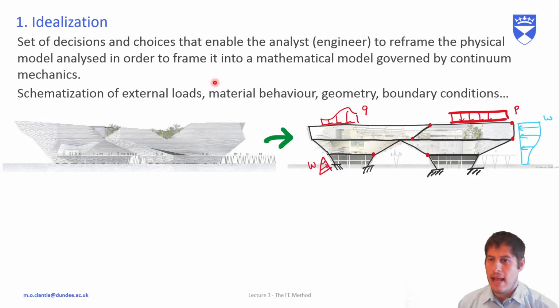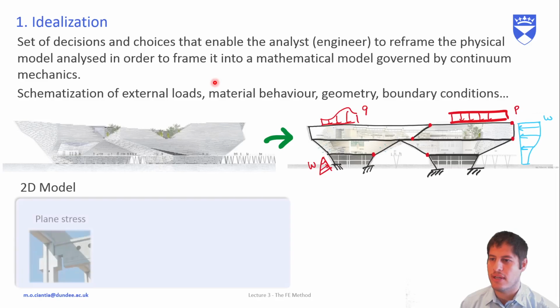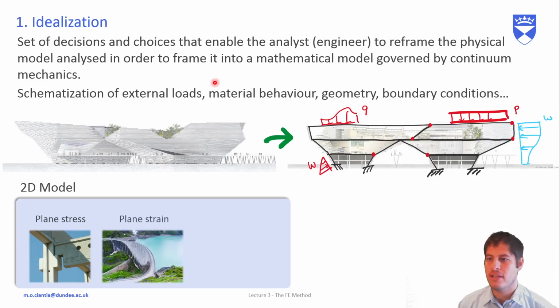As engineers and analysts, we first try to look for 2D models. So we try to look, for example, for plane stress conditions. We've seen the plane problems in the previous video. We've seen the plane stress, but there's also the plane strain. For example, plane stress is a thin structure where we can assume the loads, the stresses and the solution to lie in one plane, or the plane strain problem, such as a water dam, where we will just consider a section of this problem.